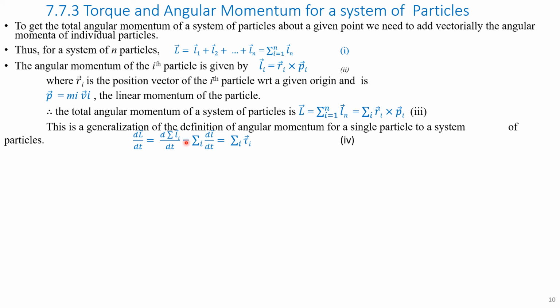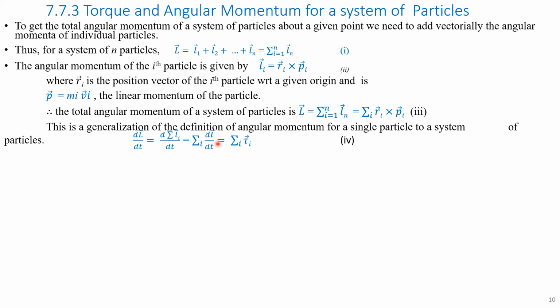Hence, differentiating equation 3, we get dL by dt equals d by dt of the summation of Li, where capital L and small l both are vectors. That can also be written as the summation over i of dLi by dt. That means we have taken the summation sign outside.